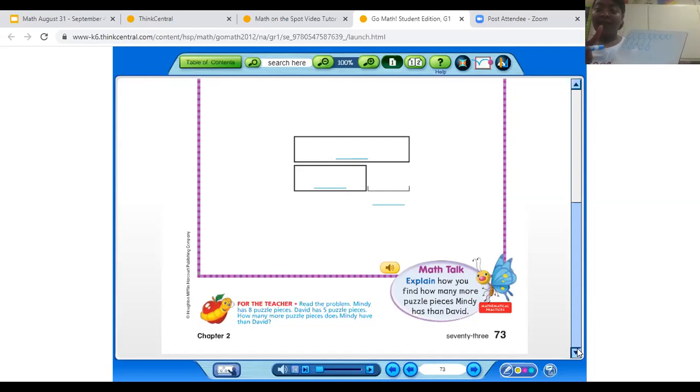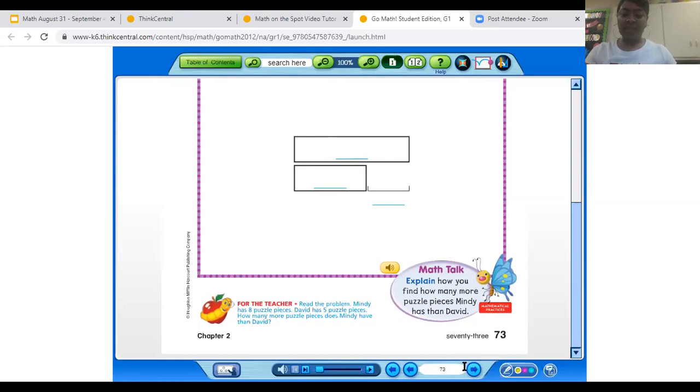That's right, 3. So there are 3 more pieces that Mindy has than David. Right here, let's look at my model. Right here, I have 8. And right here, I should have 5. And that missing number is 3.